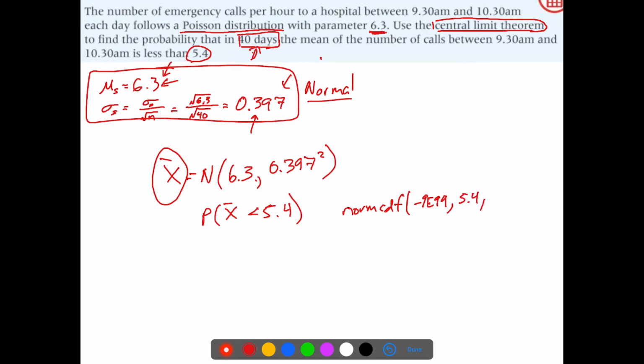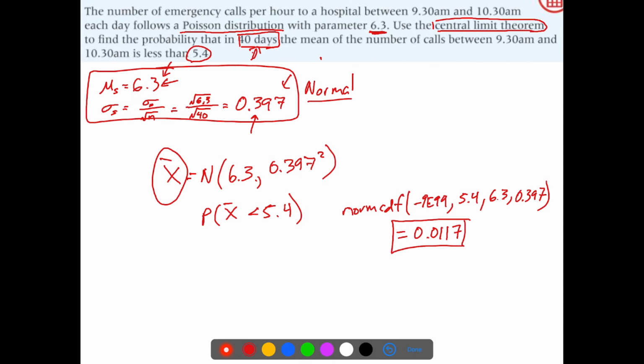We'll go up to 5.4. We'll give it its average of 6.3 and the standard deviation of 0.397, or you can copy and paste that number from the previous step. And when we get our answer, we should get that the probability is 0.0117.